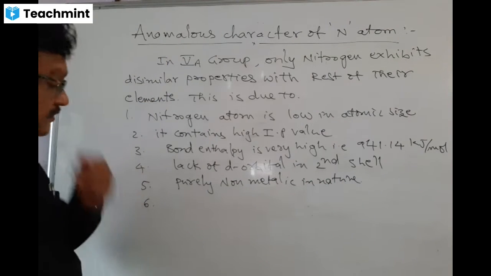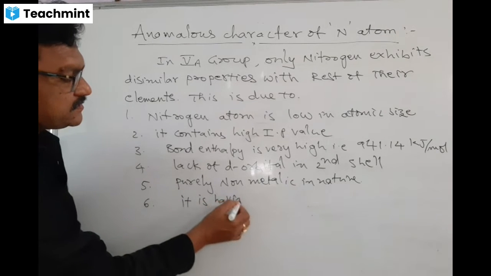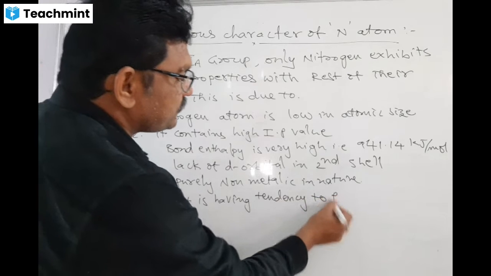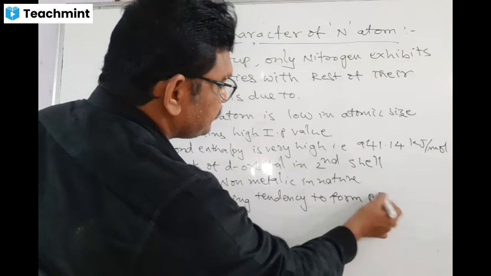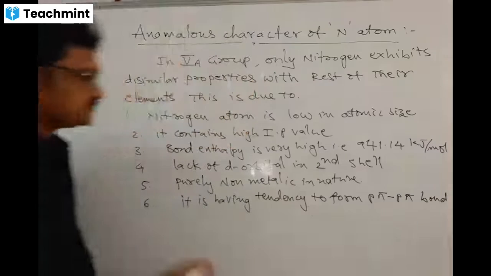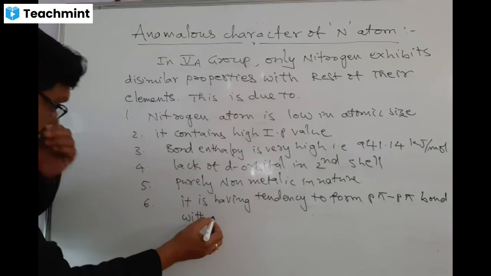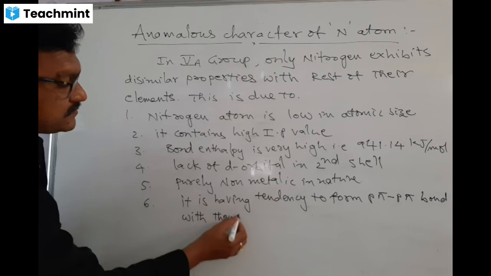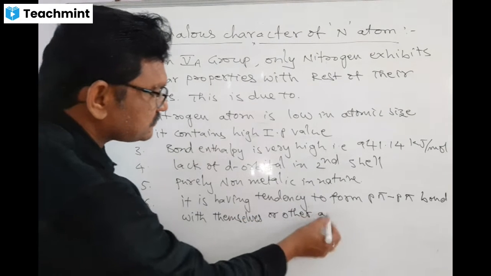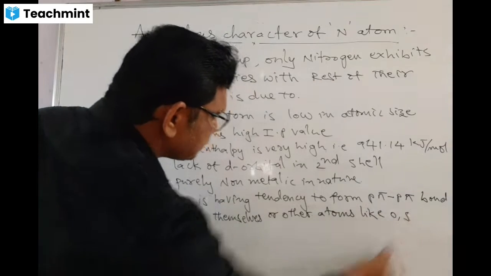Sixth one, it is having tendency to form p-pi, p-pi bond with themselves or other atoms like oxygen, sulfur.